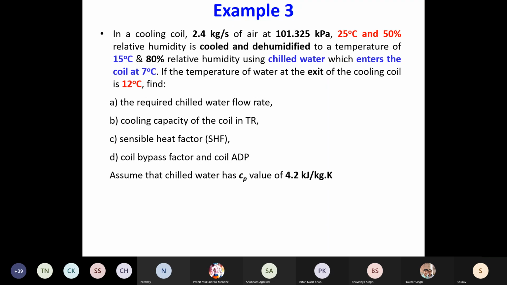So what we have to find is the required flow rate of chilled water, the cooling capacity of the coil in tonnage, the sensible heat factor for this process, the coil bypass factor and coil ADP.